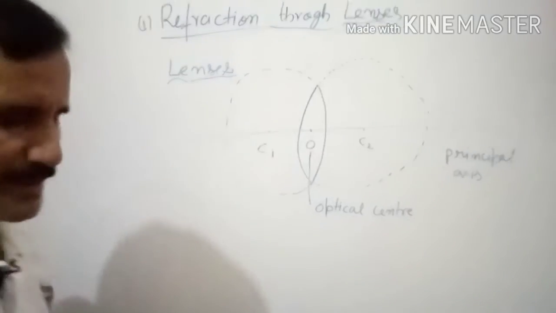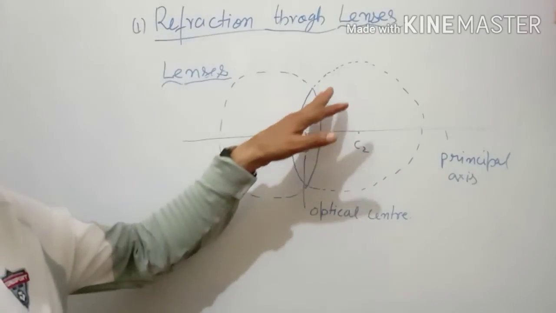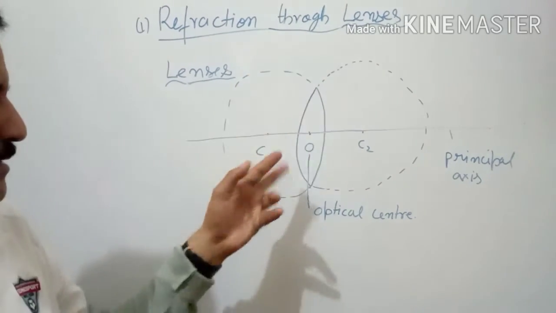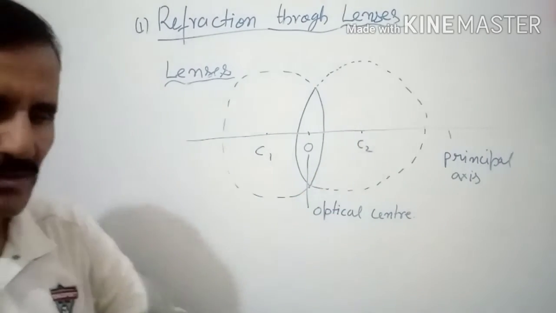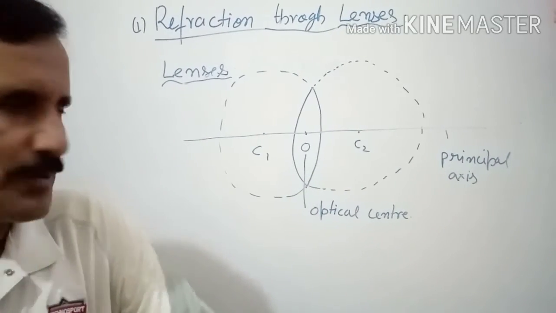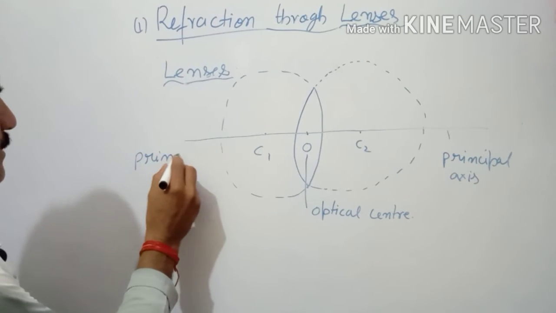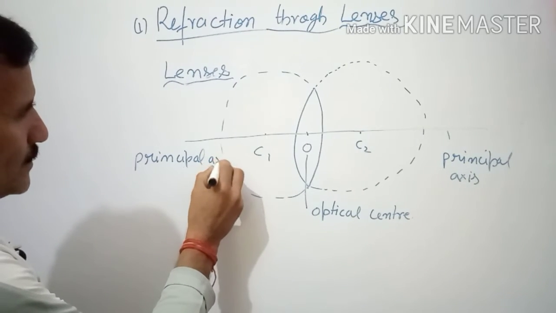It is not very hard if you learn the figure. There are two surfaces, two parts of spheres, so there are two centers of curvature and the principal axis. What is the principal axis? Let us write the definition.